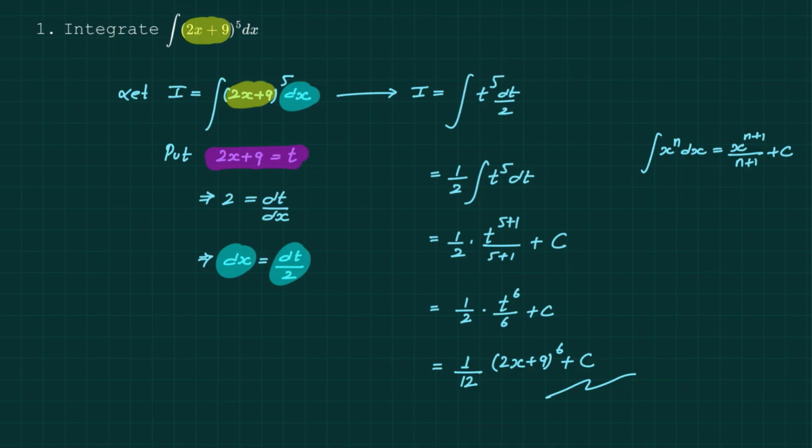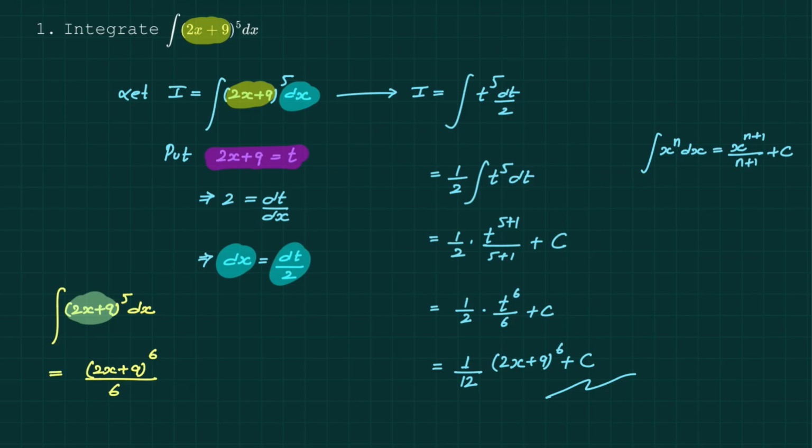Similarly, in question number 1, we had integration of 2x plus 9 whole to the power 5 dx. Instead of x, there was 2x plus 9, which is a linear polynomial. So for a while, we will assume this as x. So integration of x to the power 5 using the formula will be 2x plus 9 whole to the power 5 plus 1, that is 6, divided by 6. This is the formula which we have to use.